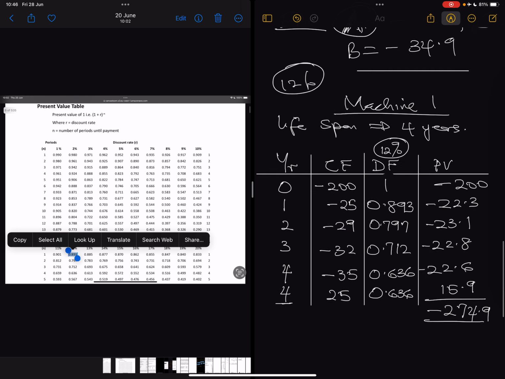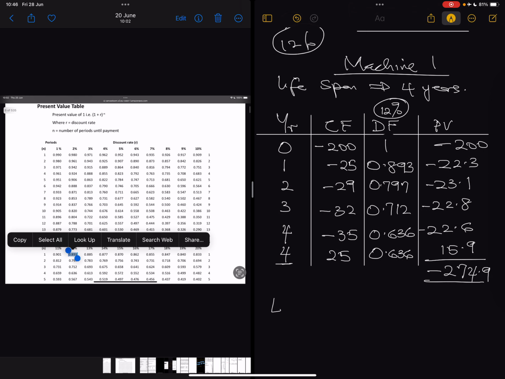Yeah. So now we need to get the EAC of machine 1, which is the equivalent annual cost. Remember, this is the overall NPV over 4 years. Now to analyze it, what will be the annual cash flow? Our formula is the NPV of the asset divided by the annuity.